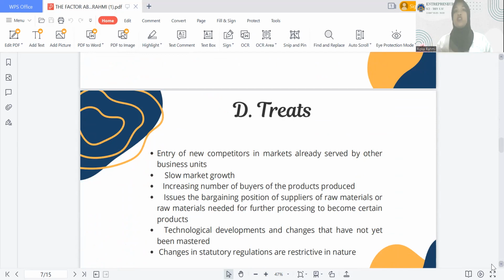And the next is slow market growth, increasing number of buyers of the product produced. Then the bargaining position of suppliers of raw materials needed for processing to become a certain product. And the next is technological development and change that have not yet been mastered. And the last is change in statutory regulation that are restrictive in nature.